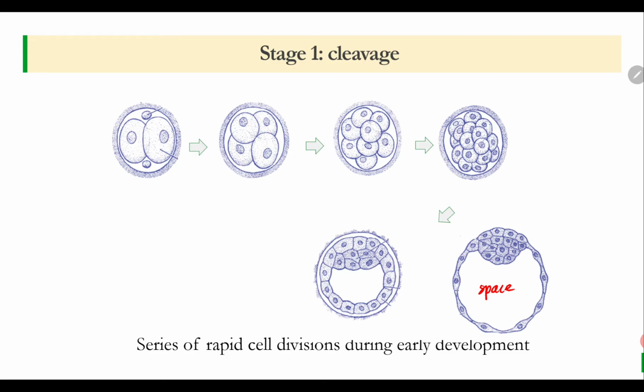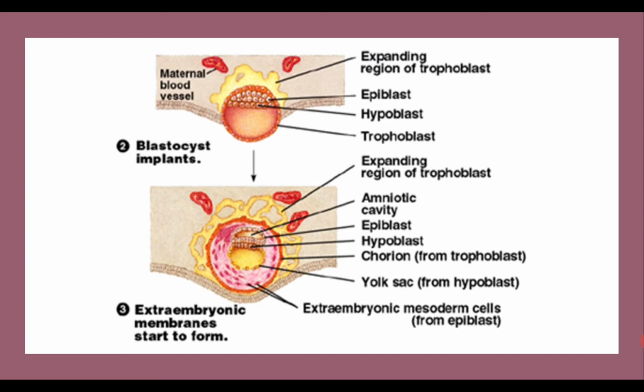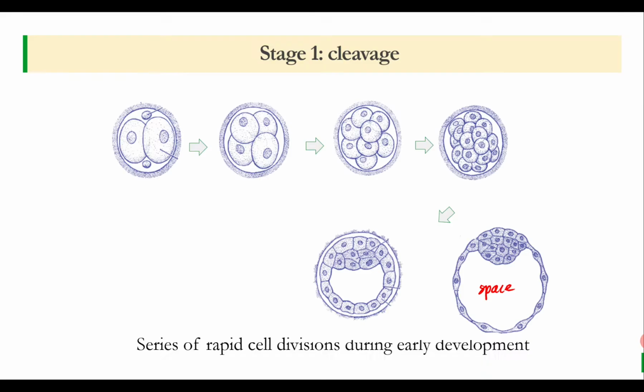Within this space there will be liquid, and it helps enlarge the size of the embryo. The stages are morula, and at the end we have the blastocyst.